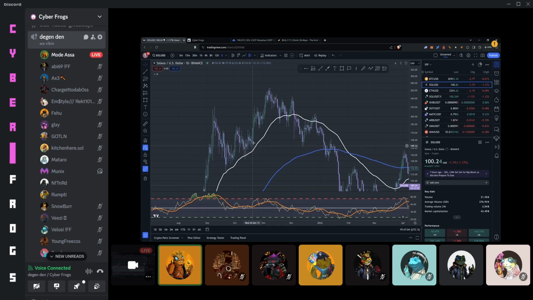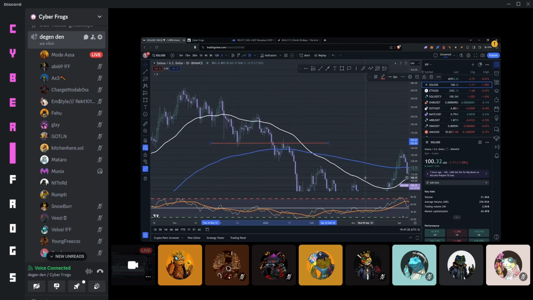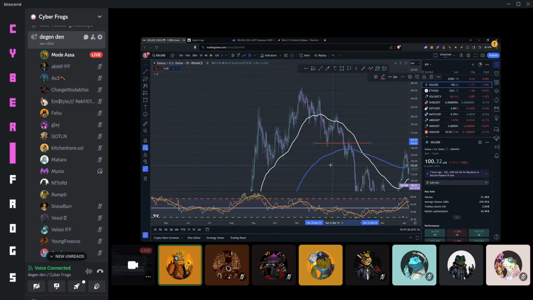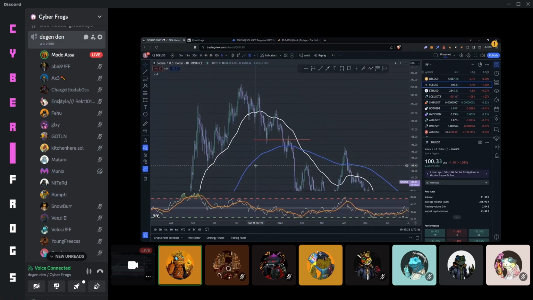Looking at resistance here, this was our support that then became our resistance. So I guess that's what he's looking at.